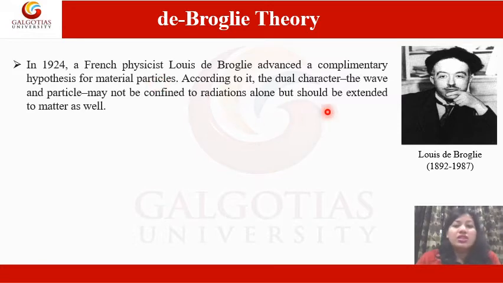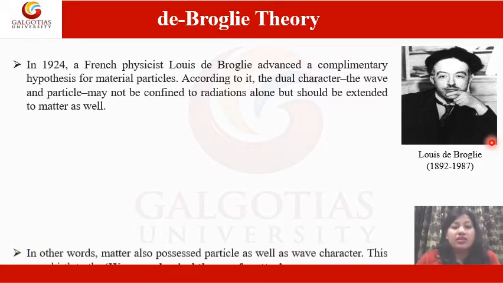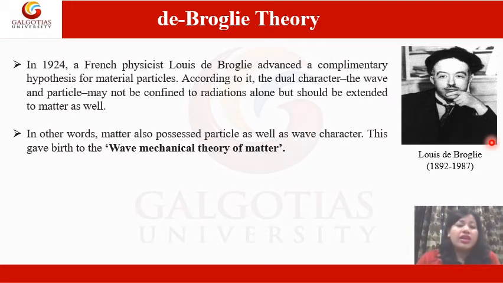According to it, the dual character, that is, wave and particle, may not be confined to radiation alone but should be extended to matter as well. In other words, matter also possesses particle as well as wave character. This gave birth to the wave mechanical theory of matter.